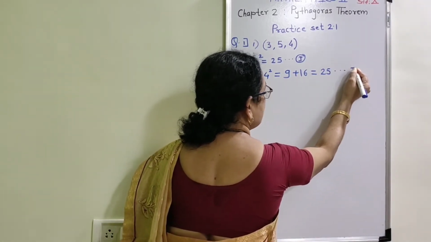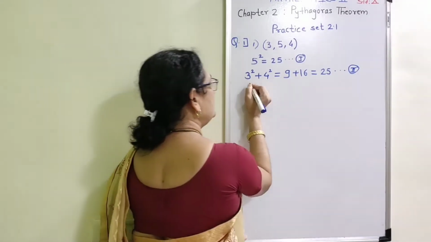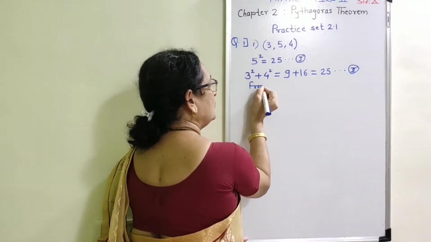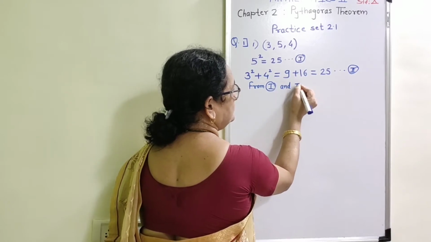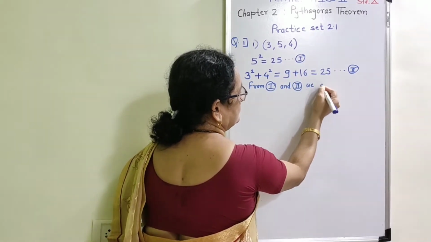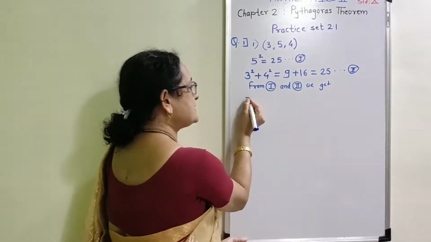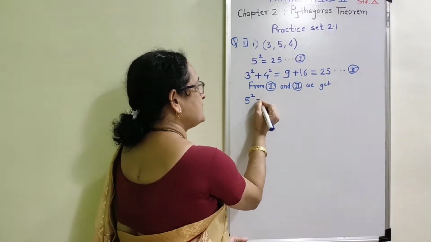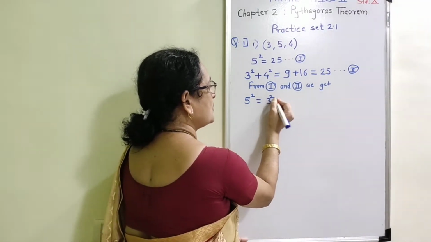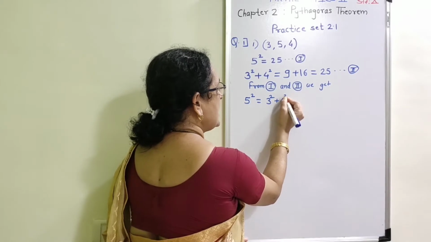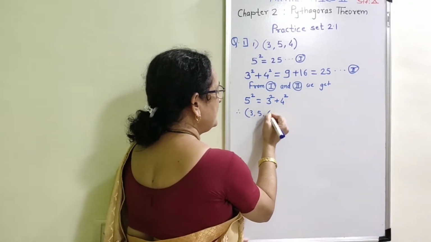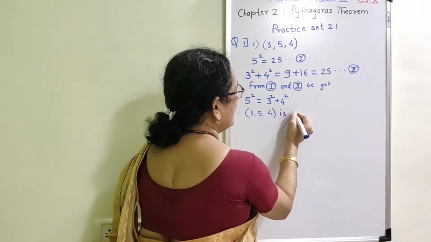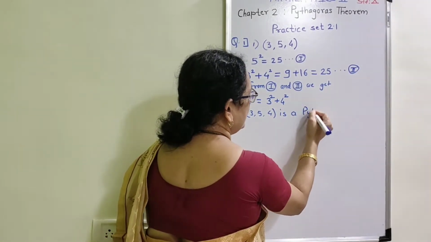Now from statement number 1 and 2, we get that the largest number square is equal to the sum of squares of the remaining two numbers, and therefore 3, 5 and 4 is a Pythagorean triplet.